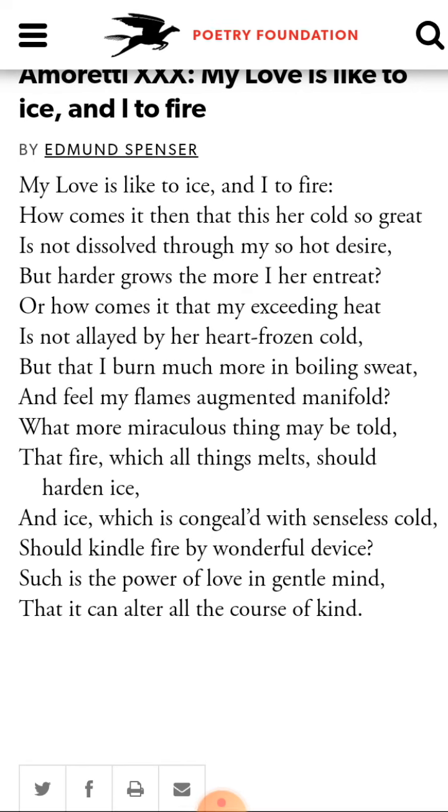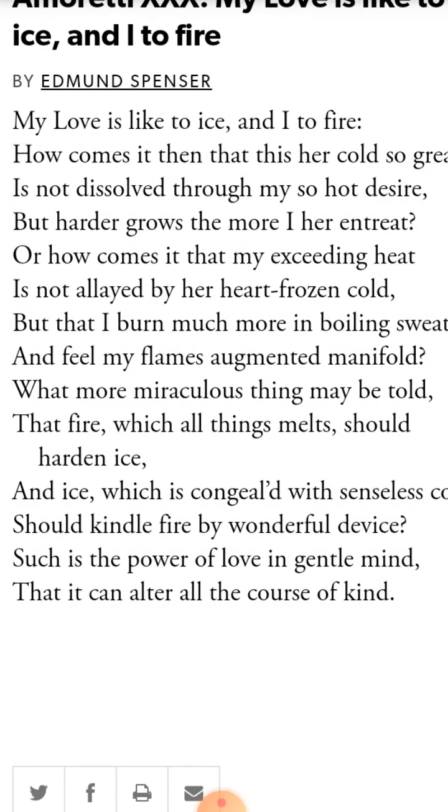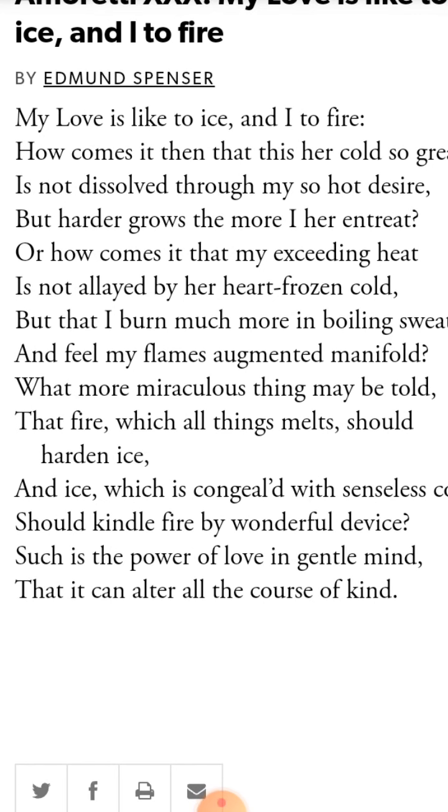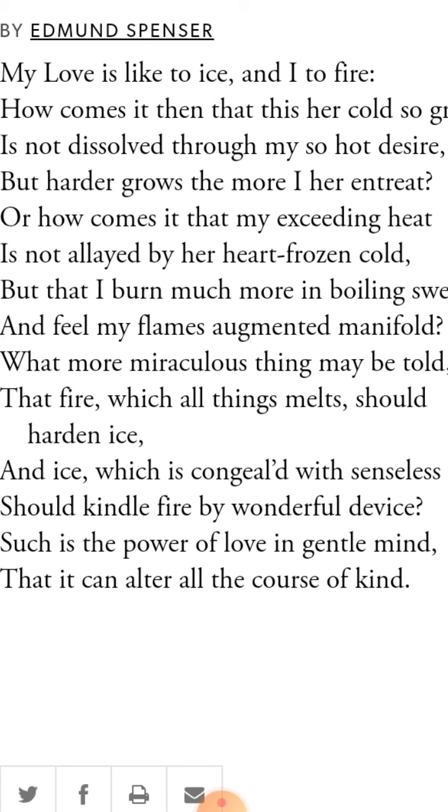The poet summarizes the sonnet in this couplet, and he says that such is the power of love in gentle mind. Such is the power of love which can alter, which can change the path of things in the world, which can change the way of happenings in the world.